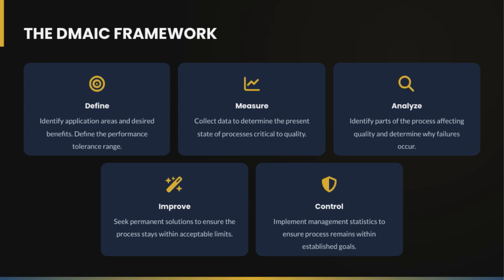Finally, control is about maintaining those improvements over time. We implement management statistics and monitoring systems to ensure the process stays within the established goals and continues to perform reliably. Together, these steps form a continuous cycle that helps us optimize processes, ensure quality, and drive lasting improvements.